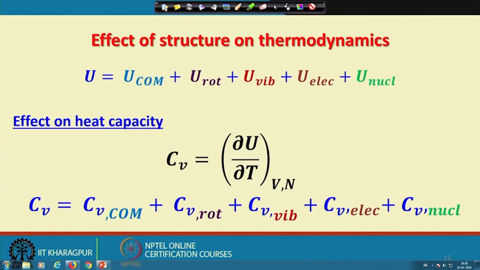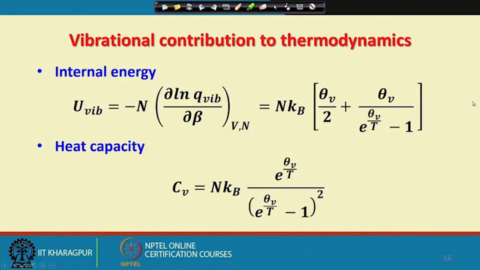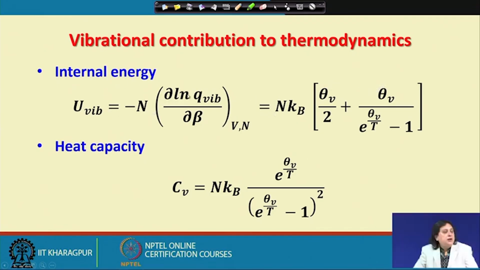So, is it possible to actually separate out these? The answer is yes, it is possible, because if you look at this diatomic case, what is the vibrational contribution to the internal energy? That is nothing but ln q vib, you take a del del beta of this quantity at constant volume and number of particles.